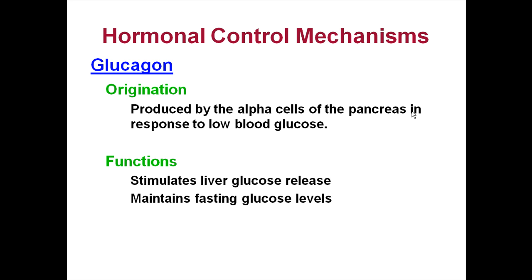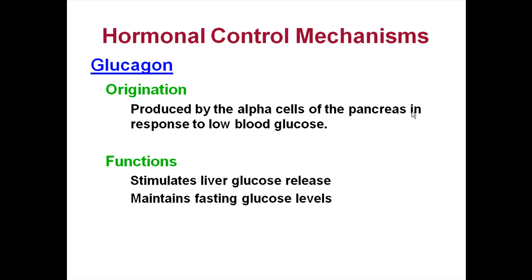Glucagon is produced by the pancreas, but by the alpha cells of the pancreas. So again, the amylin and insulin are produced by beta cells. Glucagon is produced by alpha cells, and its job is to respond to low blood glucose. Insulin and amylin respond to high blood glucose. So glucagon is responding to low blood glucose, and its main job is to maintain homeostasis of the blood.